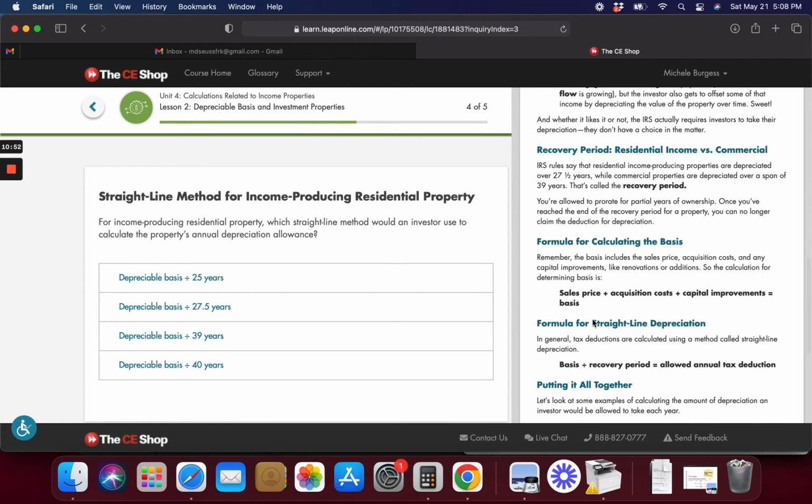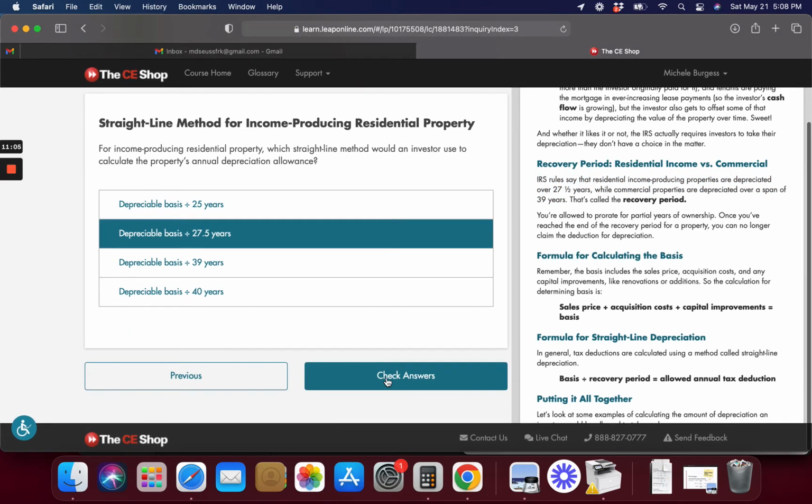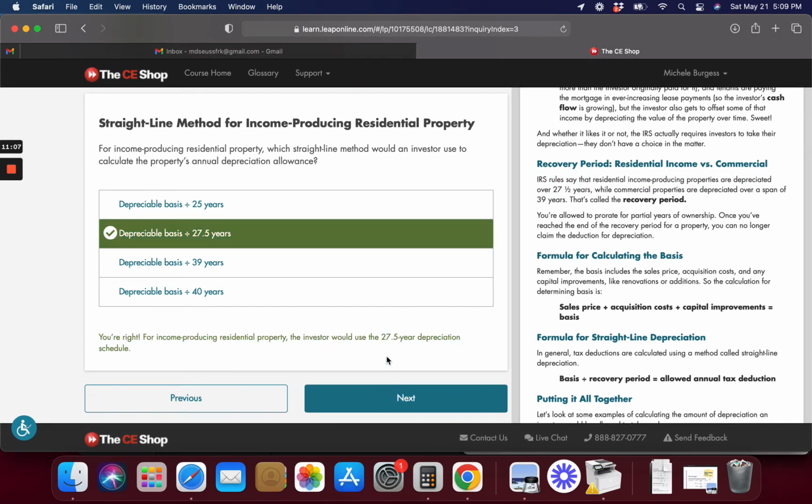I don't see anything in here. Or am I just missing it? Maybe it's right here. 27 and a half years. Okay, 27 and a half years is the schedule they use.